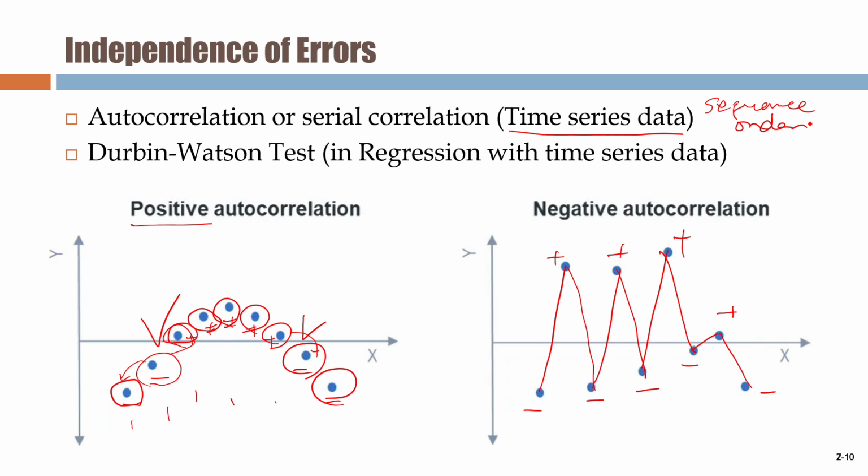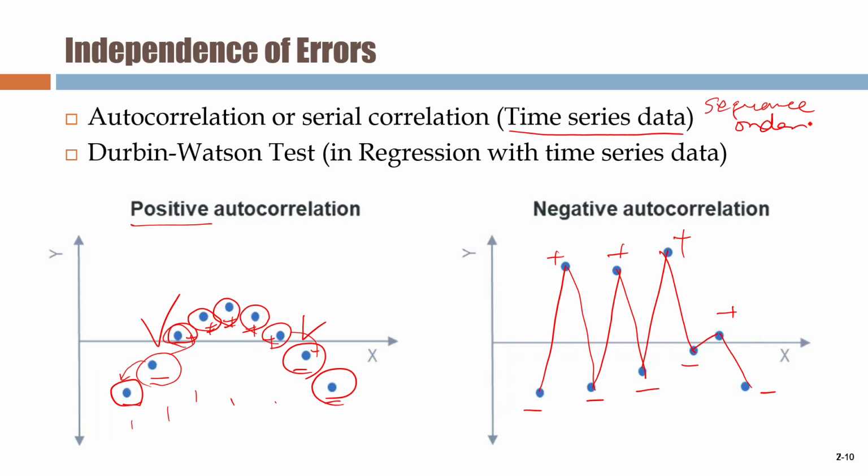If we collected a collection of our customers, or of all the countries' economic numbers, there's no order, then we cannot talk about autocorrelation here. There is a test for whether we really have independence of error or the autocorrelation or not. That's the Durbin-Watson test, but we will talk about it when we talk about regression with time series data, because again, this is important when we have time series data with sequenced order.